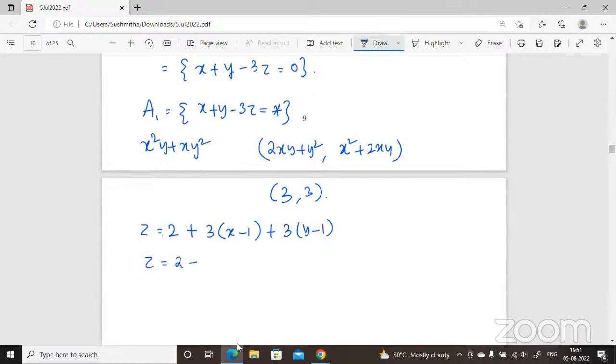So z is equal to 2 plus 3x minus 3 plus 3y minus 3. So 3x plus 3y minus z is equal to 4.